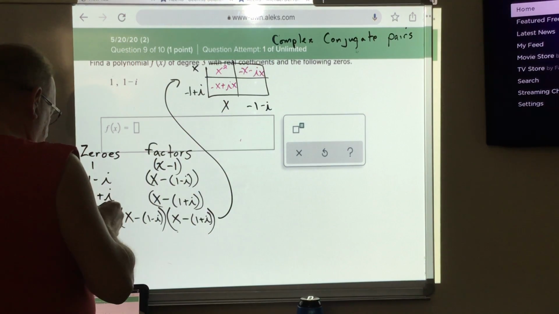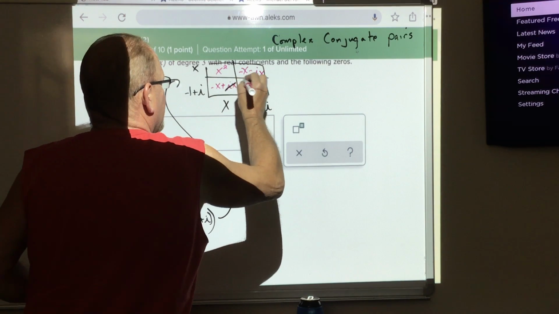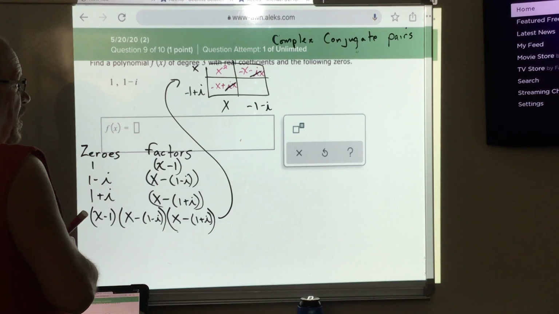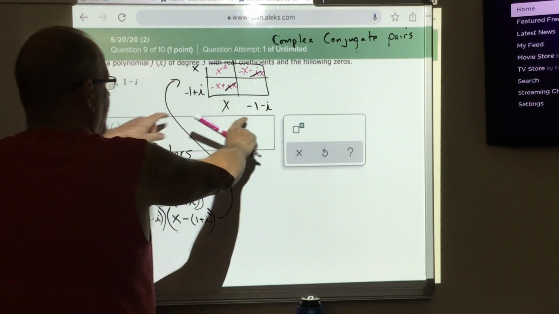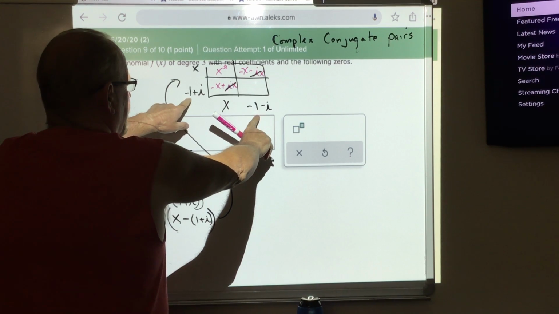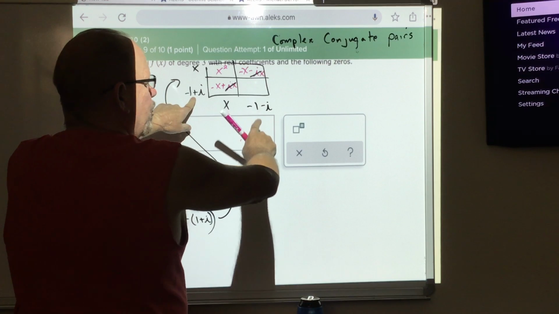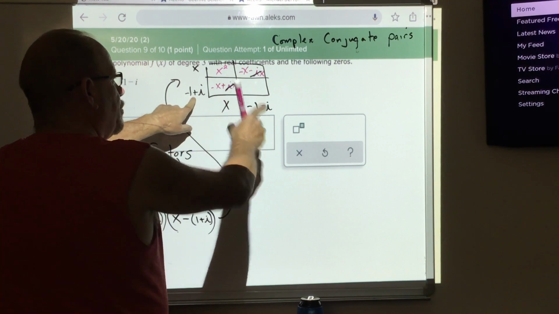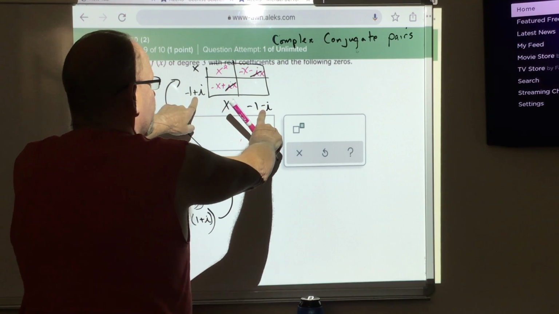So right here, when you add these two together, the i cancels out. And then negative 1 plus i times negative 1 minus i: a squared minus b squared equals a minus b times a plus b, right? So here comes that old difference of squares again.